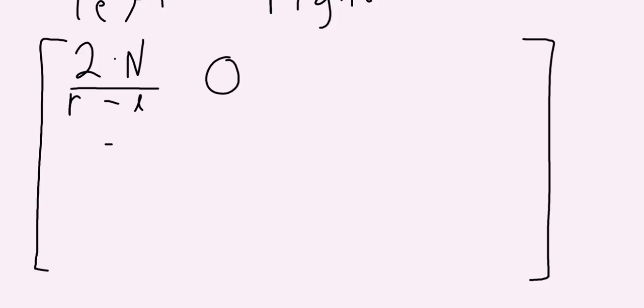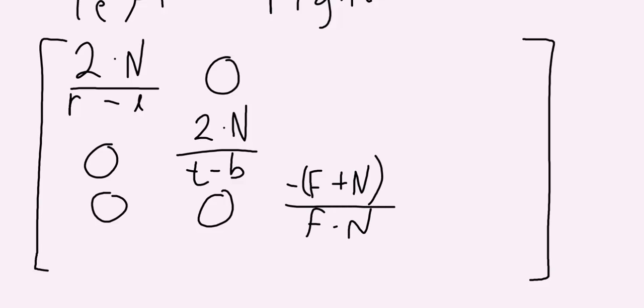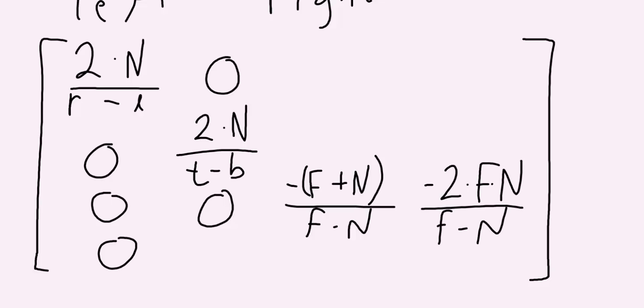We have 0 here, 0 here, and here we have 2n divided by top minus bottom. Here we have 0, 0, then we have minus f plus n divided by f minus n. Here we have minus 2 times f times n divided by f minus n, and the bottom row 0, 0, and we have a minus 1 here and then 0.